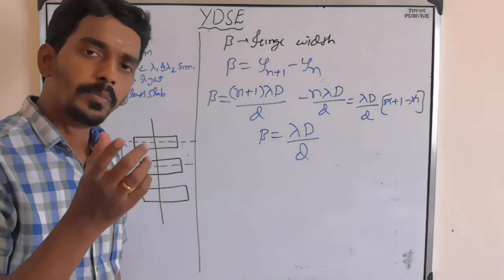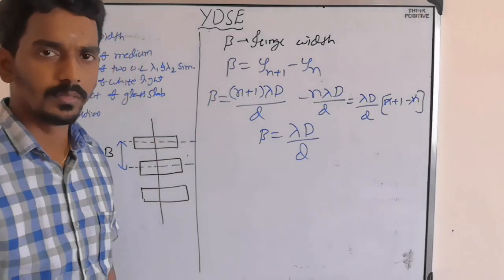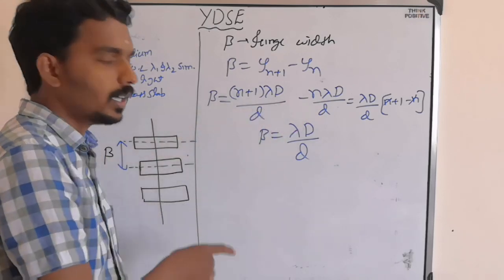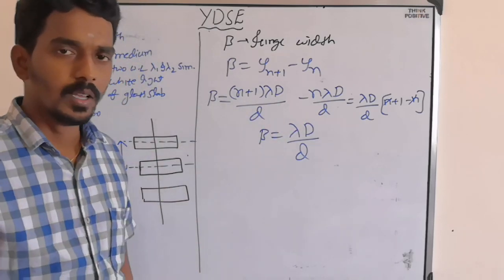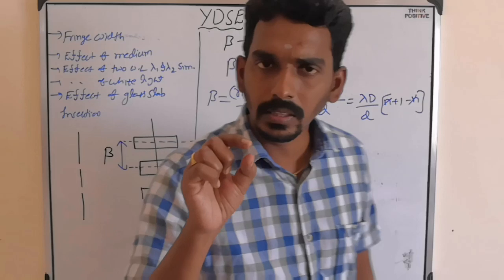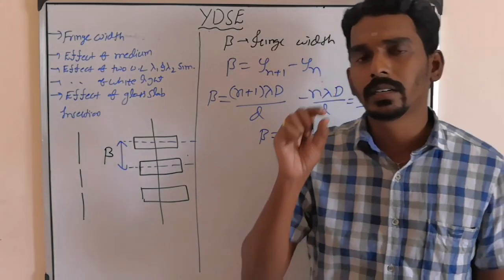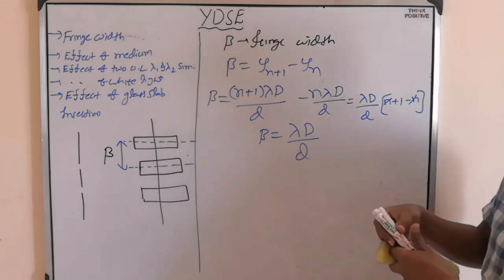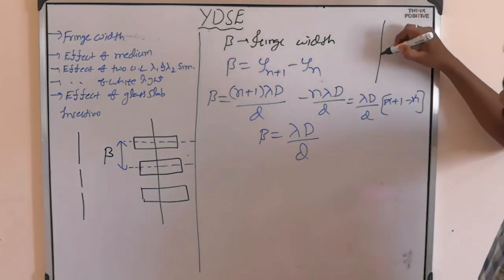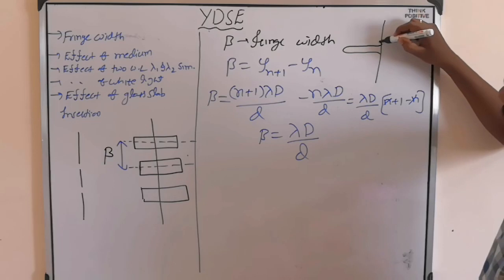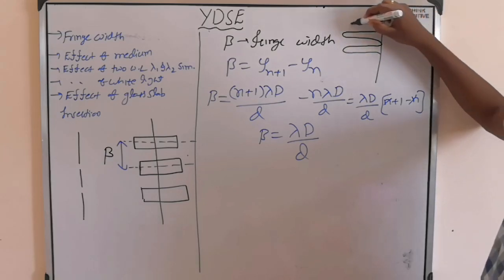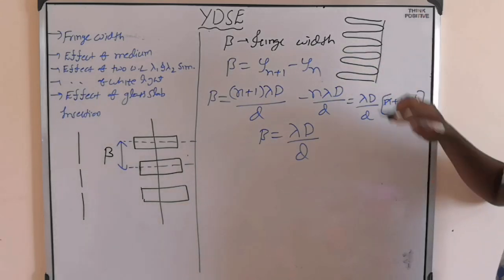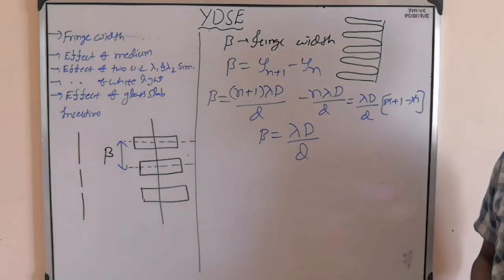If you take the dark fringe condition also, the same thing will come. You can try it, the same fringe width will come. Fringe width means the width of each bright or dark fringe, and all are equal. That's why he observed the redistribution of intensity like this: all the bright fringes have equal width and equal intensities.